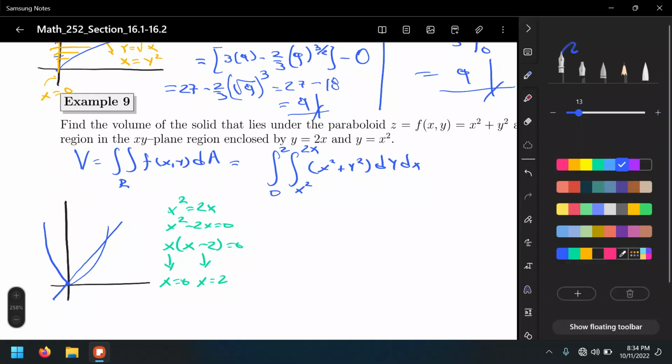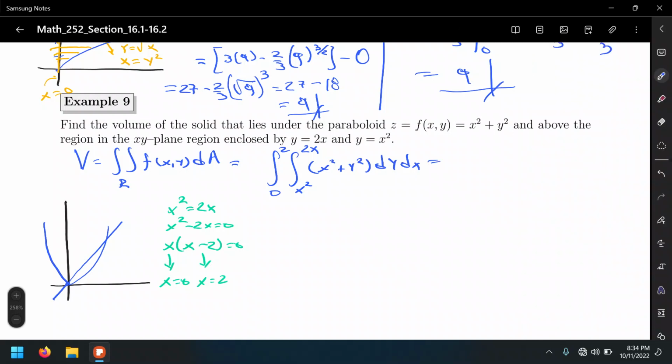And let's integrate with respect to y. So x squared is held constant, so we're integrating a constant times the integral of y, which is simply y. So that's from 0 to 2. That's x squared y. And the integral of y squared with respect to y, that's y cubed over 3.